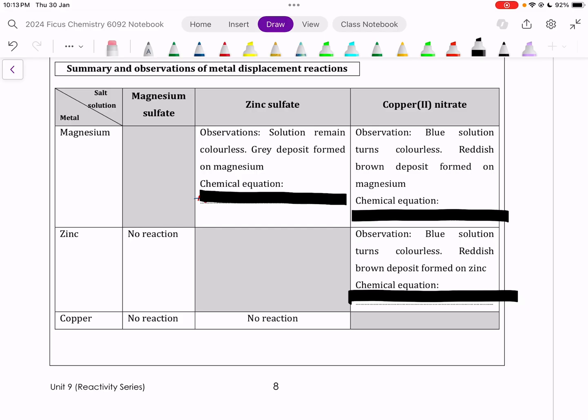In this case, if you realize, there's no change in the color of the solution, because zinc and magnesium solutions are both colorless. Then copper will not displace anyone.